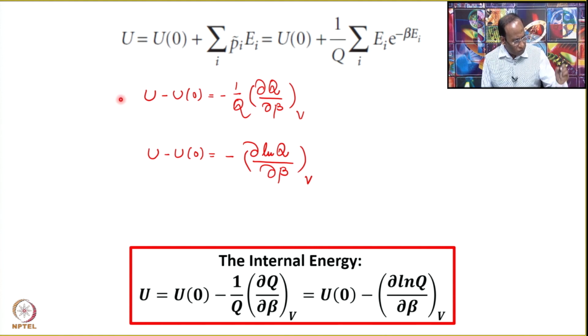Whether you use this equation or this equation, we have to know how this canonical partition function is related to the molecular partition function. We need to develop that connection. Let us move towards that.